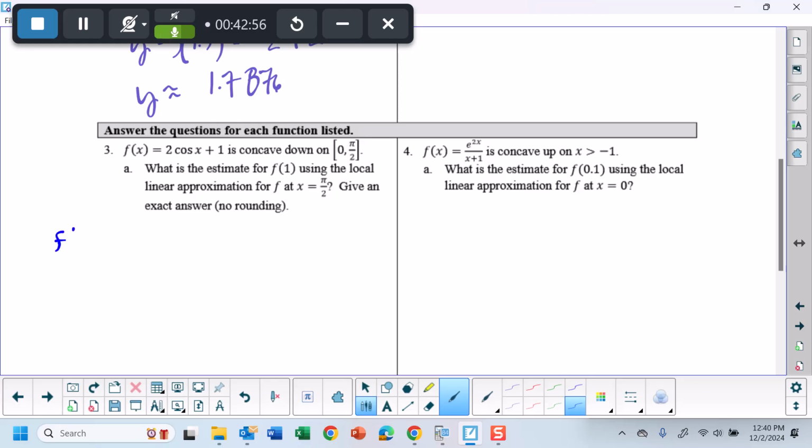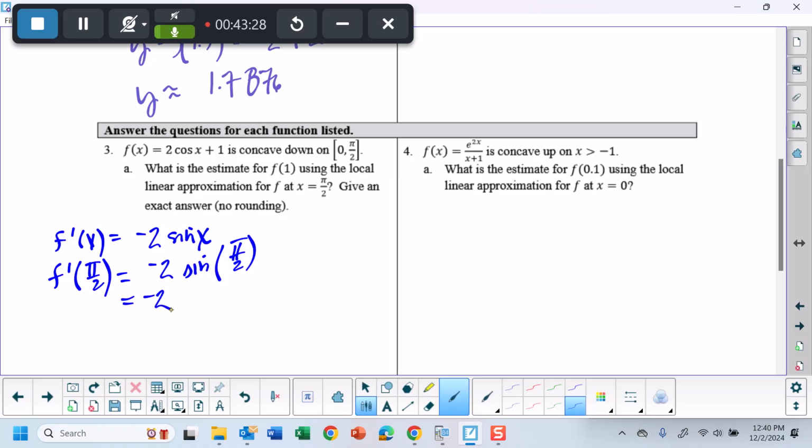So f prime of x is going to be equal to, the derivative of cosine is the opposite of sine, so it's going to be negative 2 the sine of x. So my f prime at this input value of pi over 2 is negative 2 times the sine of pi over 2, which is positive 1.